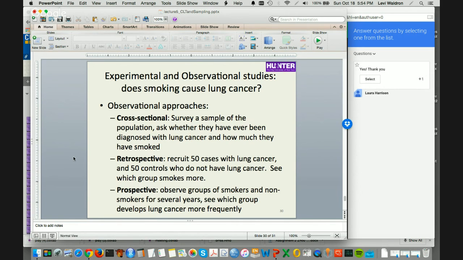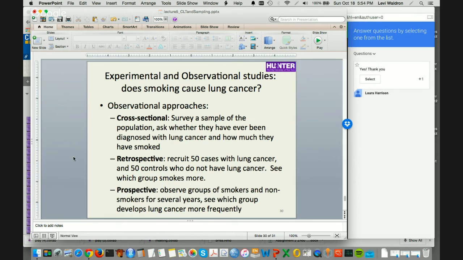If we were going to address this question using an observational study, the cross-sectional approach would be to take a sample of the population, ask whether they've ever been diagnosed with lung cancer and how much they have smoked over their lifetime. The retrospective approach would be to go and choose 50 cases with lung cancer and 50 controls without lung cancer and see which group smokes more.